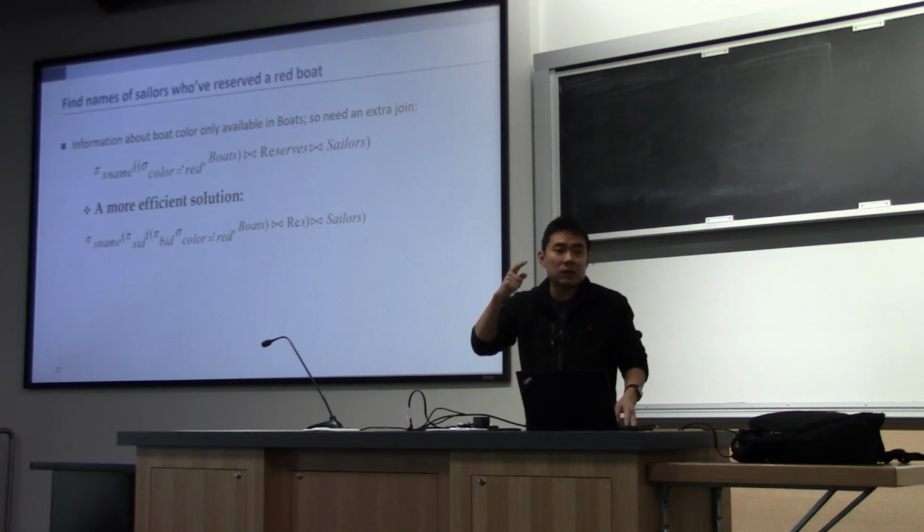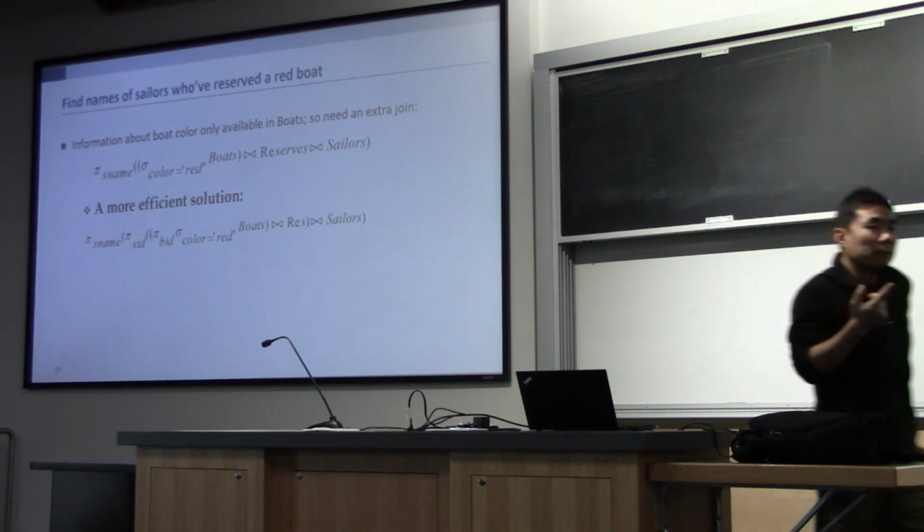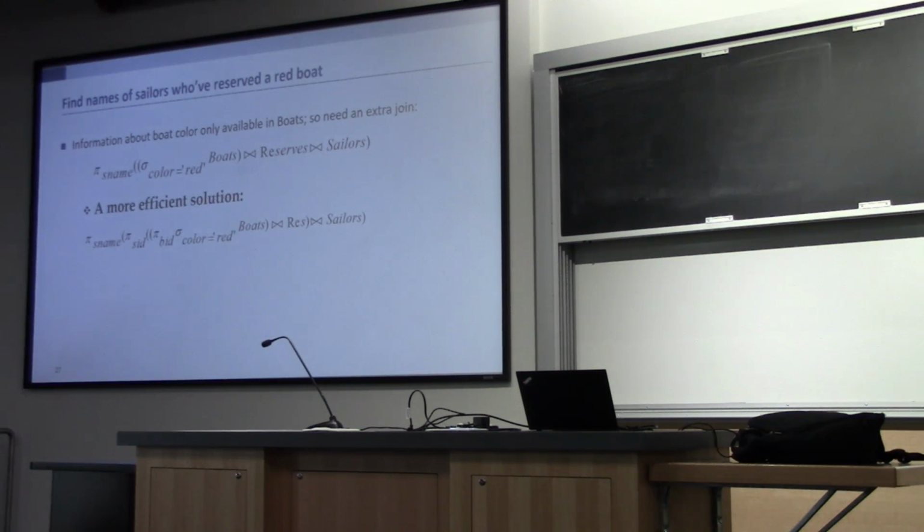However, the point is, for a database system, you as a user of the database don't really have to worry about these details. As I mentioned at the beginning of the course, a great feature of the database system is that you only ask what you want, but not really how to do it.